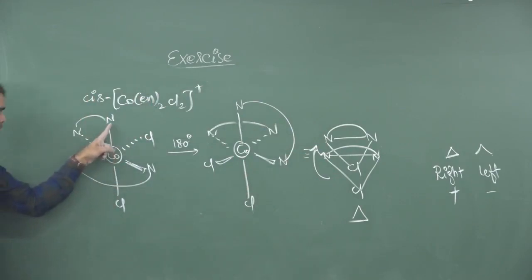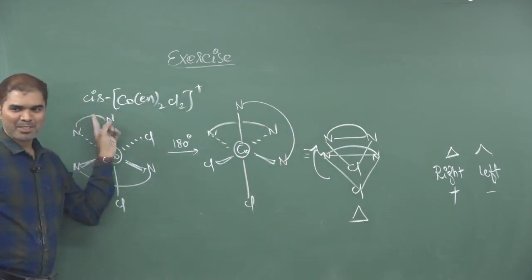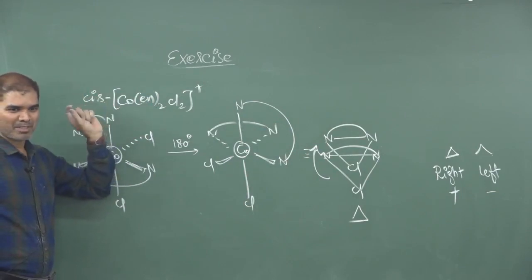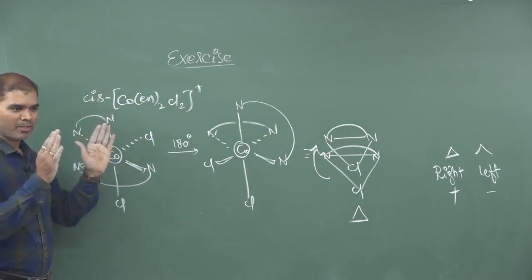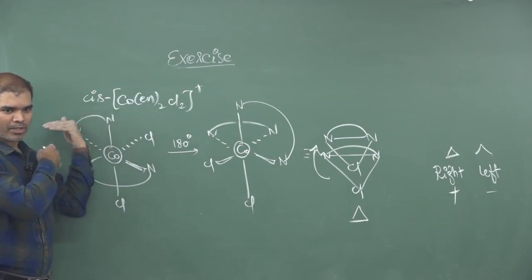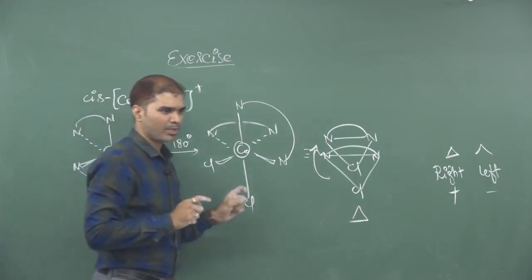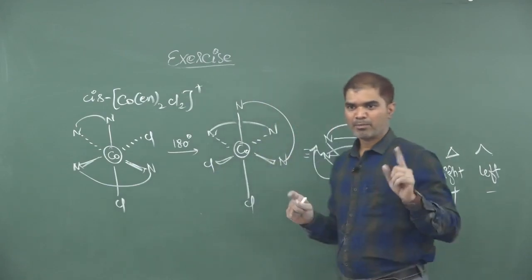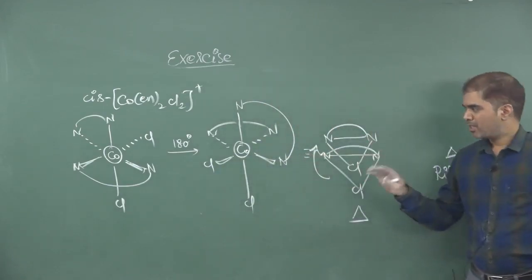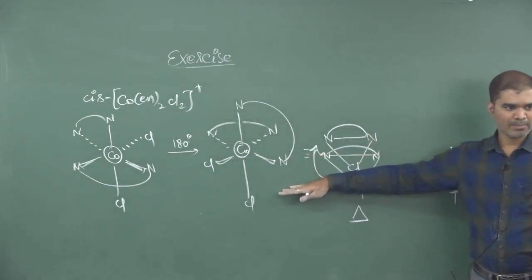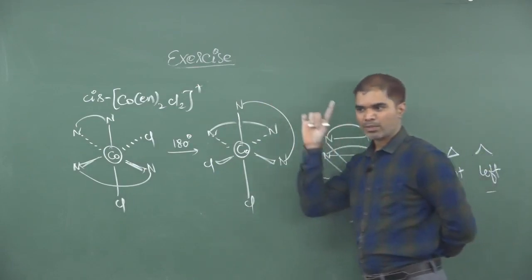So don't always go by this logic. This logic I told you only for those examples. Starting from your side, as you move away, if you are drawing towards left hand side lambda, right hand side delta, that is fixed only for 2 or 3 examples. It is not applicable for all examples. So for that reason I always tell you the standard procedure. Whenever you are confused, go to the standard procedure.